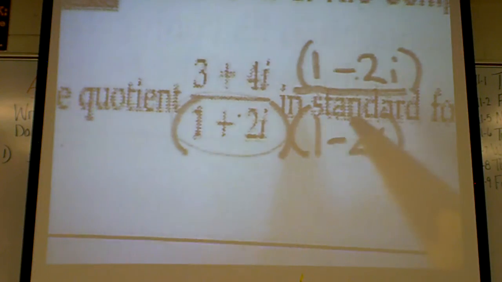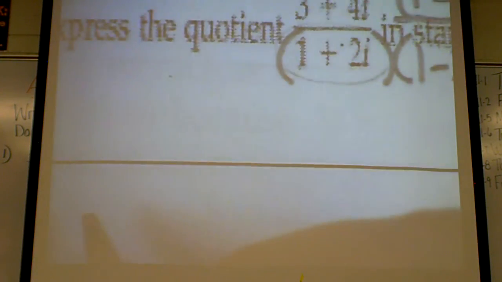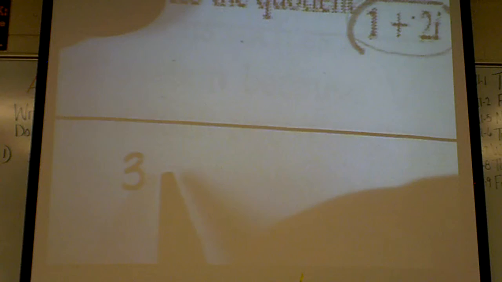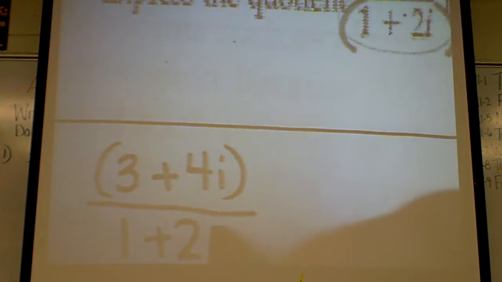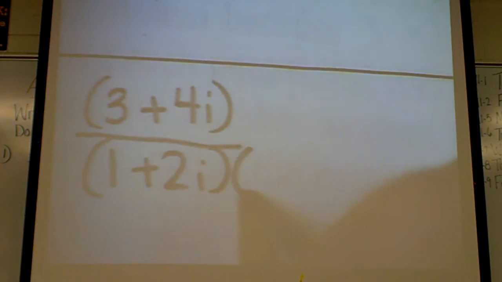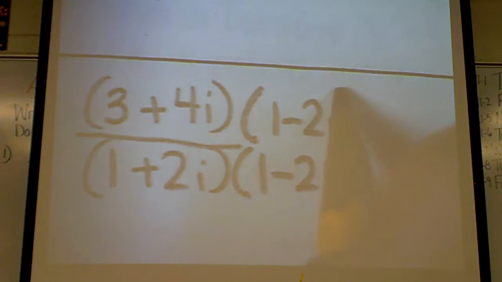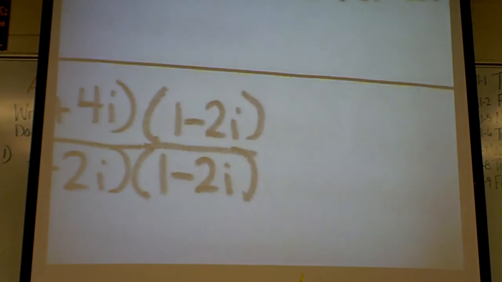So what we're going to do, our game plan, is to take 3 plus 4i over 1 plus 2i, and we're going to multiply by the conjugate of the denominator, not the numerator. So what are we going to do?